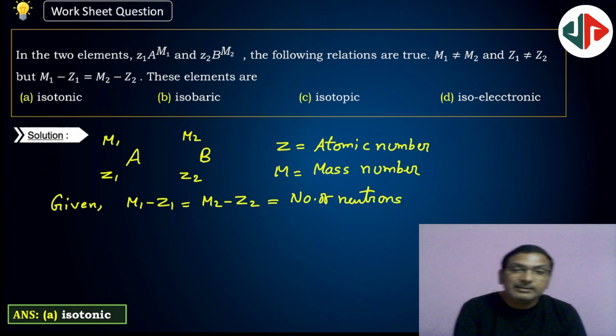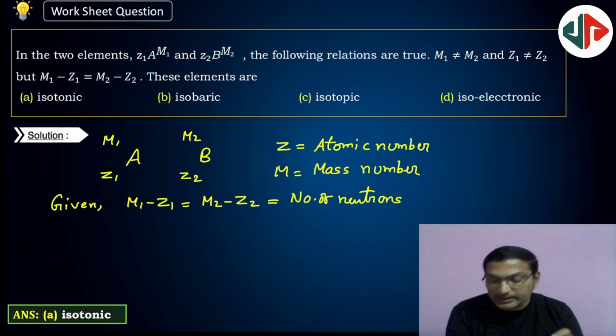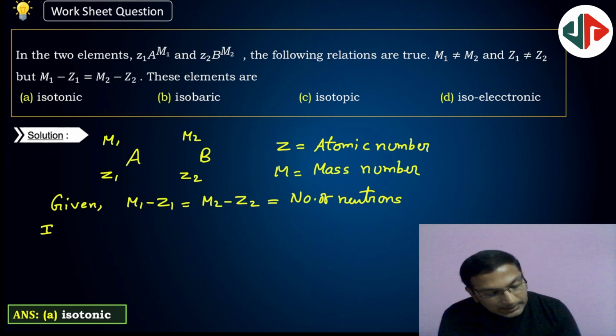Here number of neutrons will be same in two elements. Therefore, A and B elements are isotones. So what are isotones?